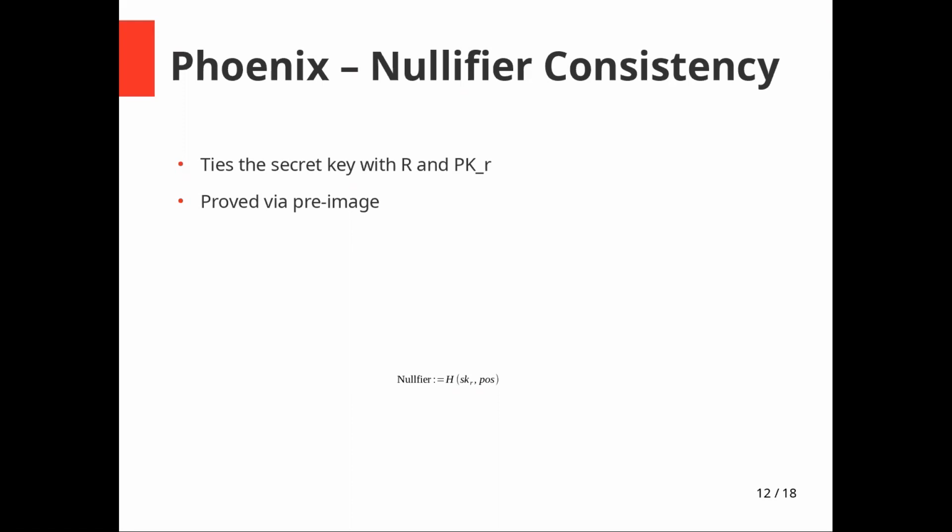So if you don't know the secret key, you cannot generate a nullifier, and therefore, because of this gadget, you cannot validate the circuit. So this will guarantee that you can use any node as input only if you know the secret key of that node. So this is also a pre-image to the hash of the SKR and the position of the node.